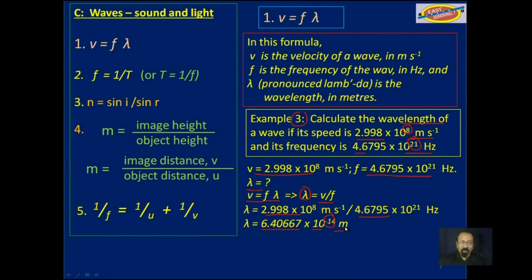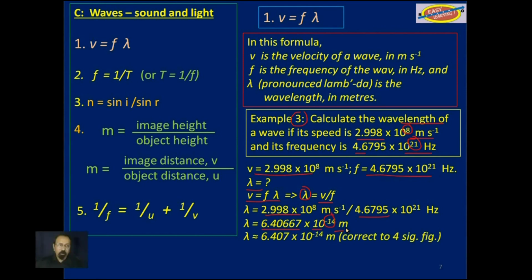So it's extremely small. Since we have, let's see, 4 significant figures here and 5 here, our answer can only have 4 significant figures. So we will have to round off 1, 2, 3, 4 at this point, which will give us 6.407 exponent negative 14. And this time it might be easier to just write correct to 4 significant figures.